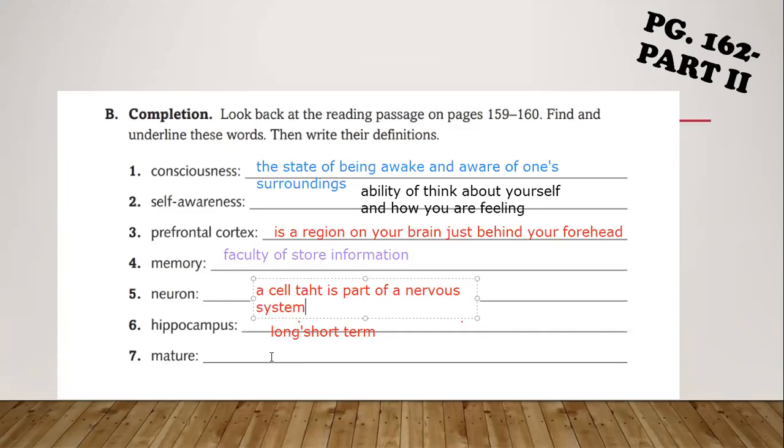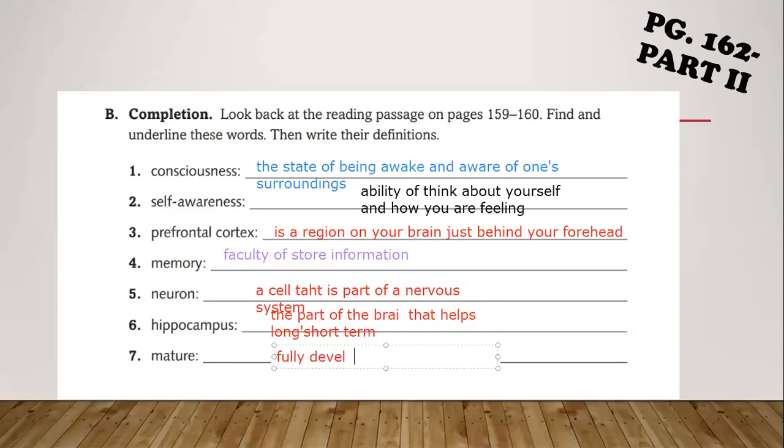And number 7, mature, fully developed. Simple as that. Okay. We have them. Sorry, because I deleted this. But this is number 5, 6, and 7.